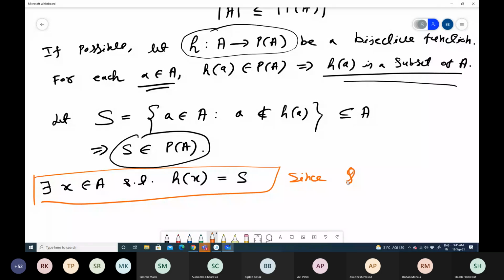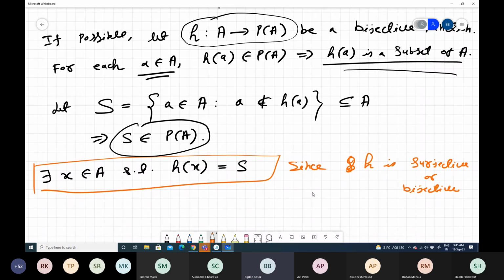Since H is bijective, you can get an element x in A such that H(x) equals S. Up to this portion, is it fine?